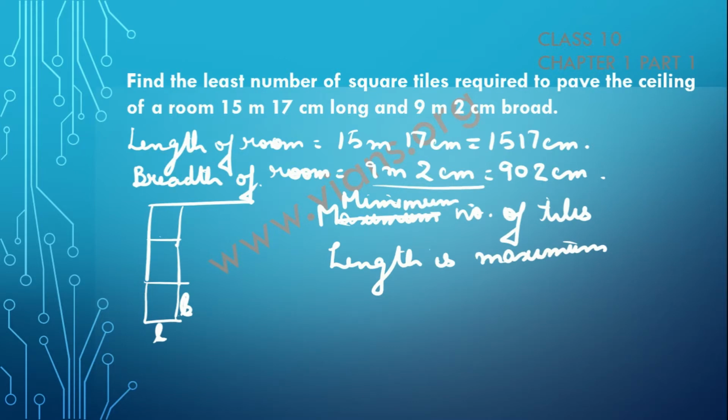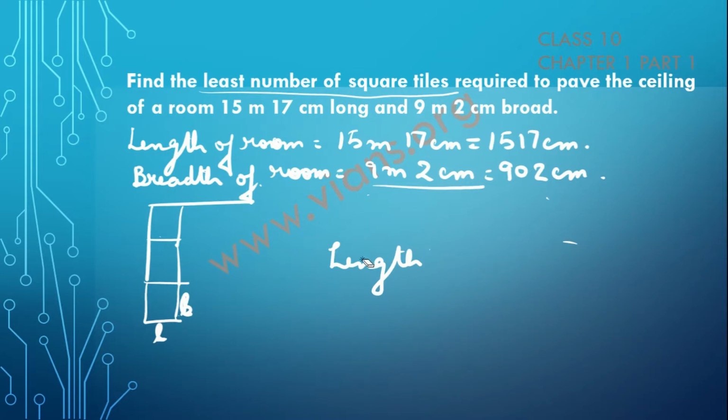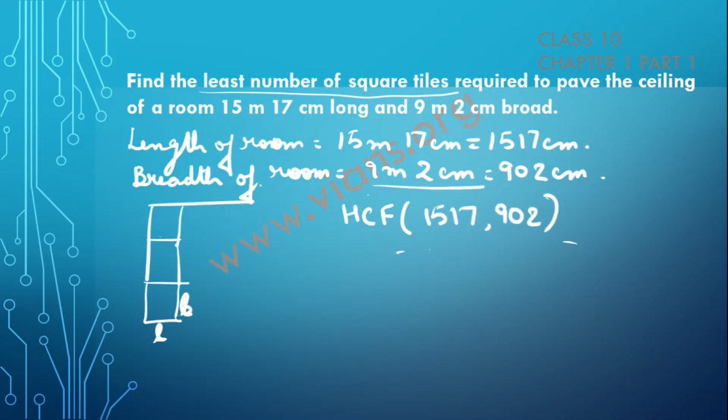That's what they're asking for, least number of square tiles required. So that's one way of thinking about it. So you can go ahead and find the HCF of this. If I go ahead and find the HCF of 1517 and 902, that should be good enough for me to begin with this problem.